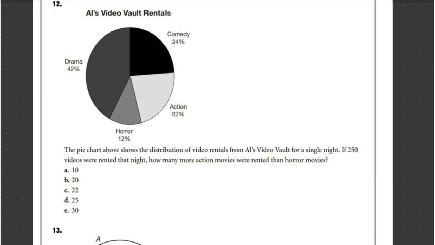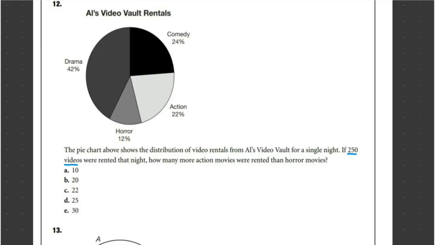The pie chart above shows the distribution of video rentals from Owl's Video Vault for a single night. If 250 videos were rented that night, how many more action movies were rented than horror movies? Okay, let's take a look. 22% of the movies rented were action movies.